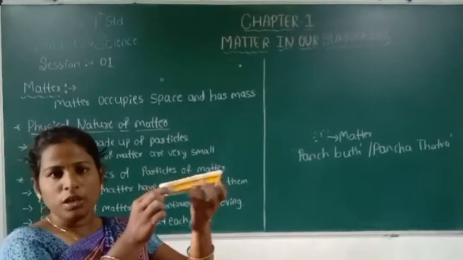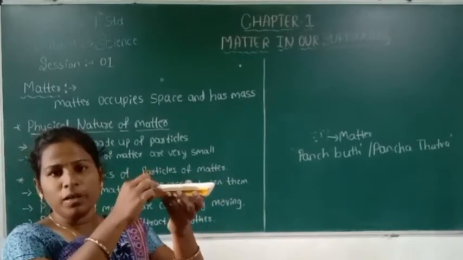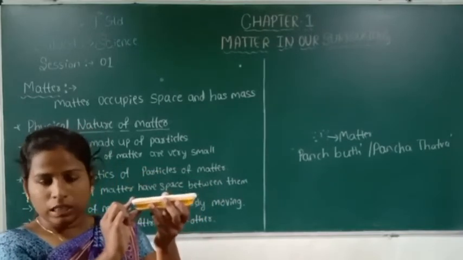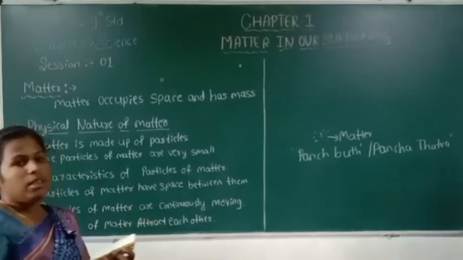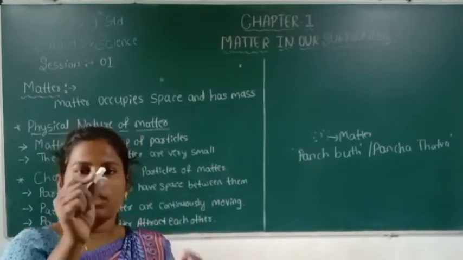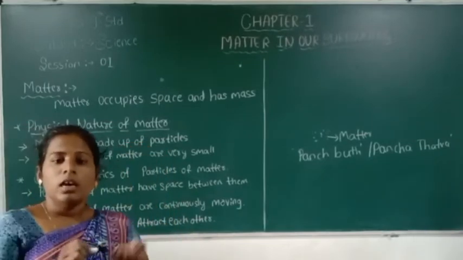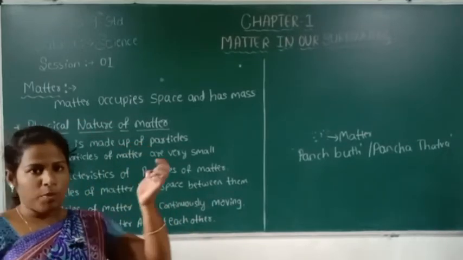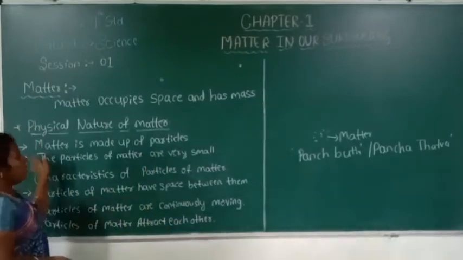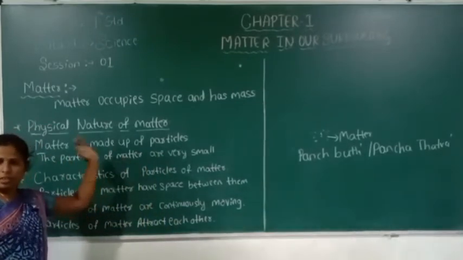Here is a wood and here is a scrubber. Using these two, a duster is made. Like that, the chalk piece, this white chalk piece or a color chalk piece and other materials are also made up of small particles, and the particles of matter are very small.